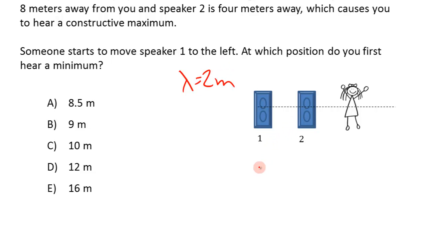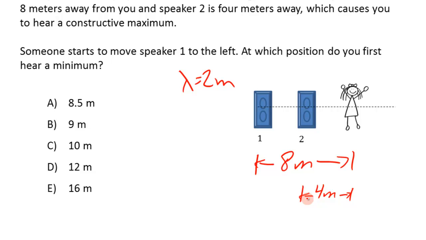Speaker 1 is 8 meters away from you, and speaker 2 is 4 meters away from you. At this point, you hear constructive interference.